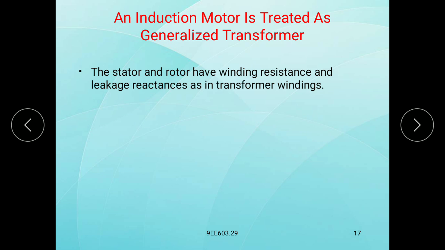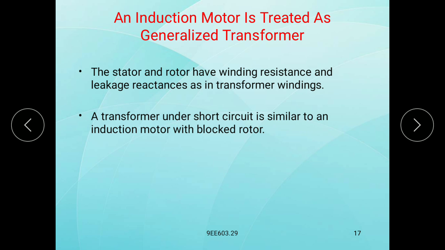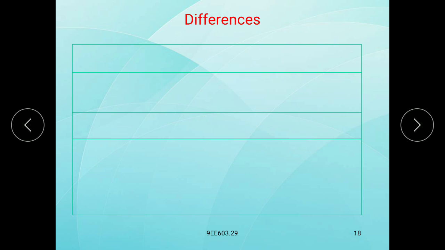The stator and rotor have winding resistance and leakage reactances as in transformer windings. A transformer under short circuit is similar to an induction motor with blocked rotor. However, some differences are there between the two.